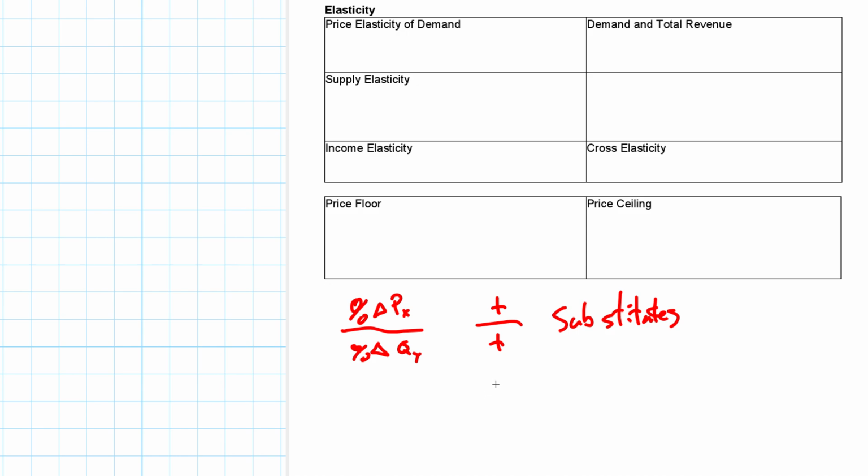And if the price of X goes up and I buy less of Y, it's because these two things go together. X is more expensive, so I'm not going to make peanut butter and jelly sandwiches. These are complements. And if the price of X goes up and the quantity of Y doesn't move, we can't divide by 0. So these things are unrelated.